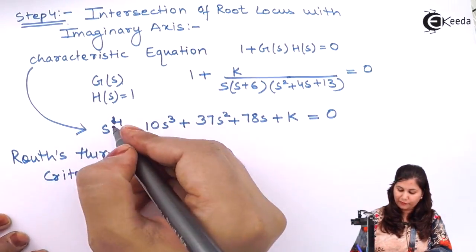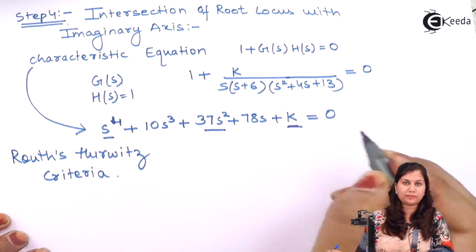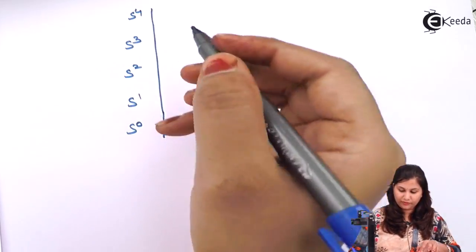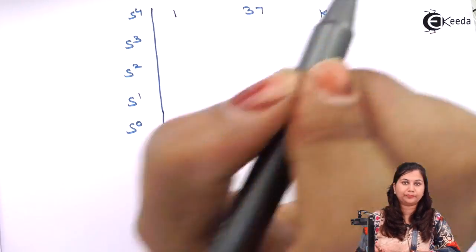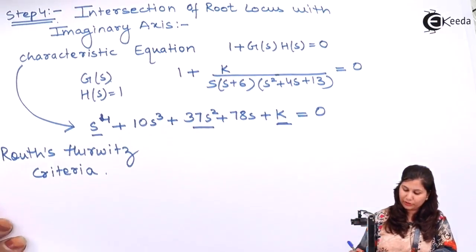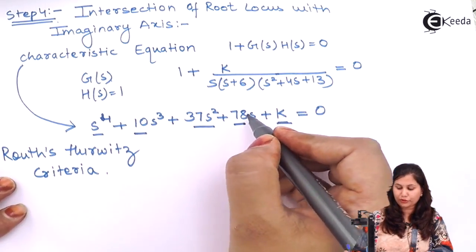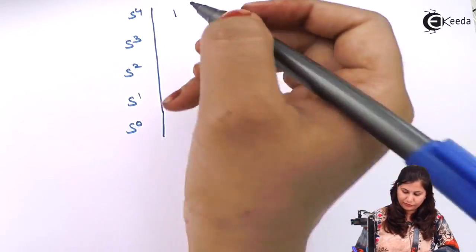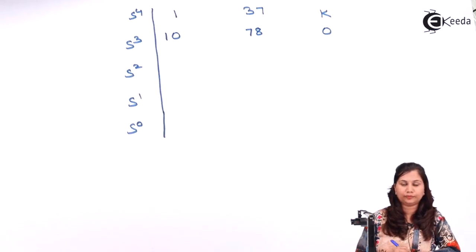Coefficient of s⁴ is 1, of s² is 37, and of s⁰ is K. So here we will have 1, 37 and K. The coefficients of s³ are 10 and 78, so we will have here 10, 78 and 0.